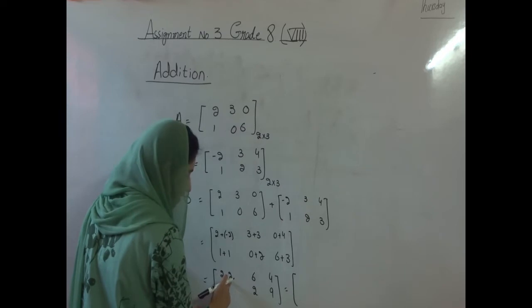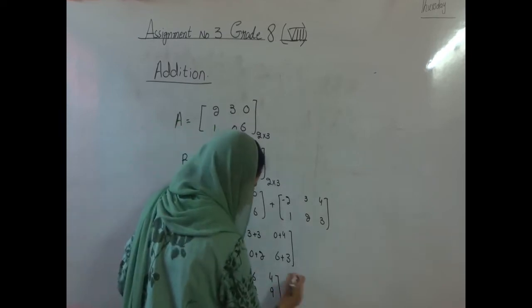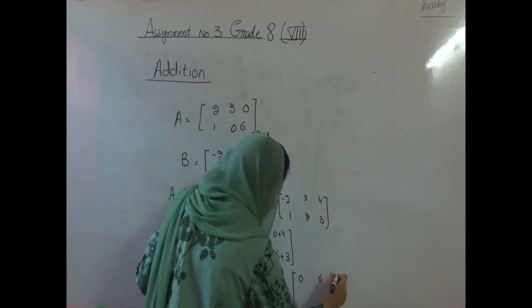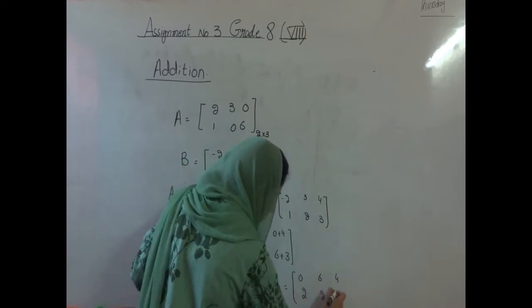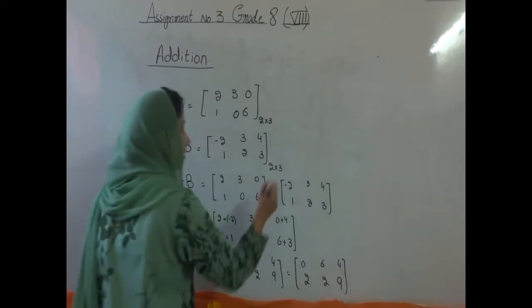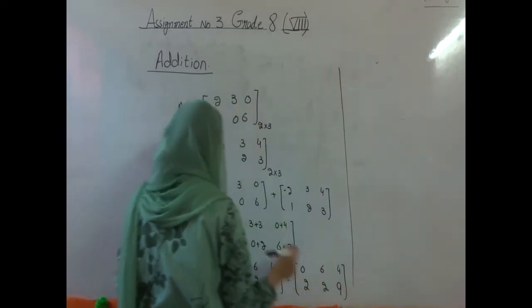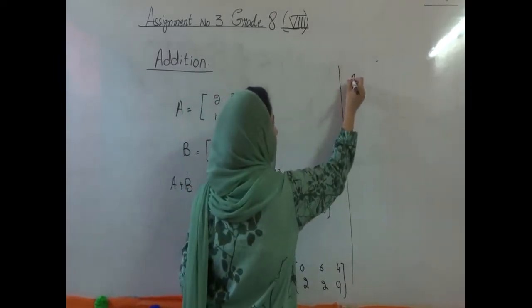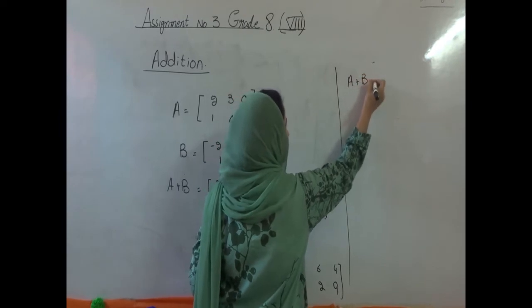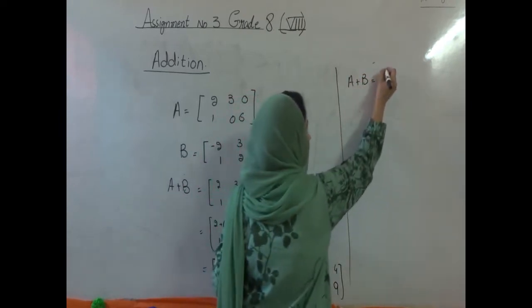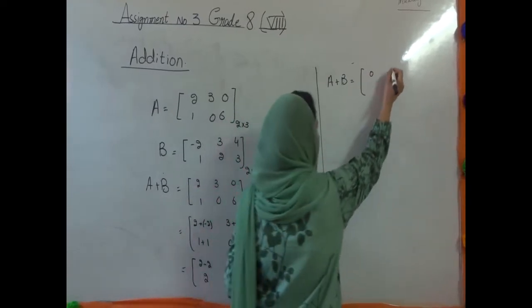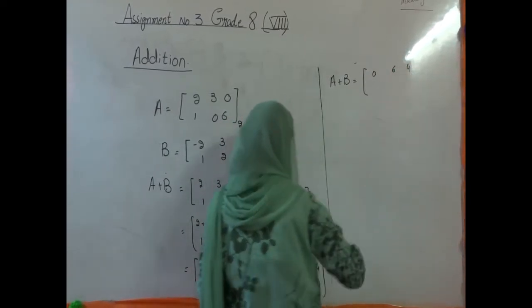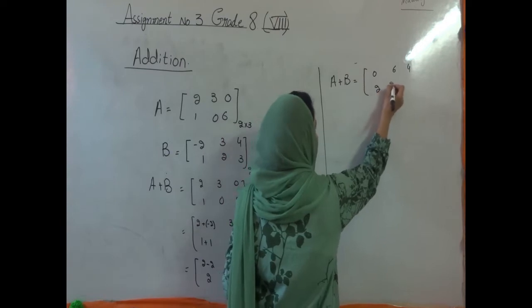And then 2 minus 2, the answer will be 0, 6, 4, 2, 2 and 9. This is the matrix of the addition of the two matrices: 0, 6, 4, 2, 2, 9.